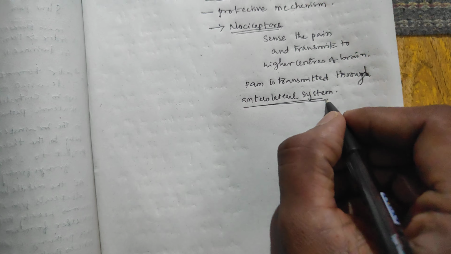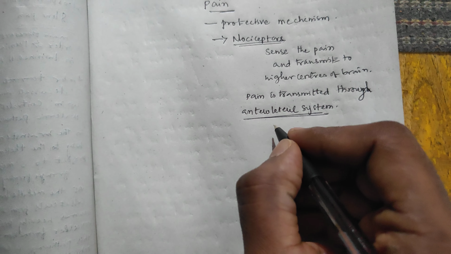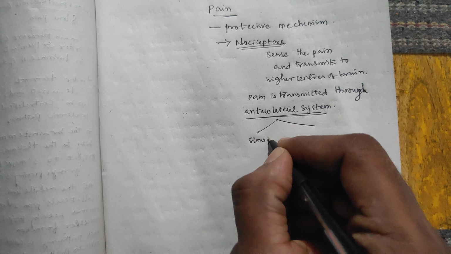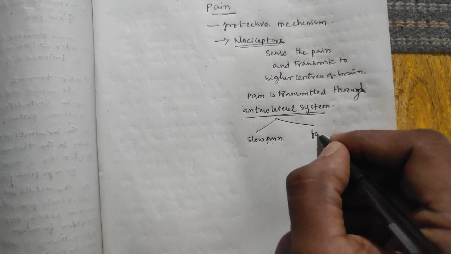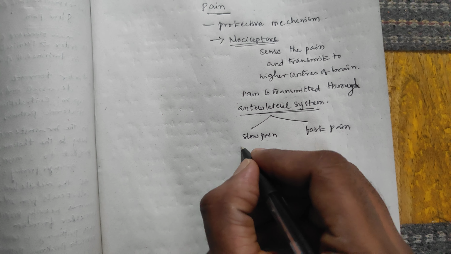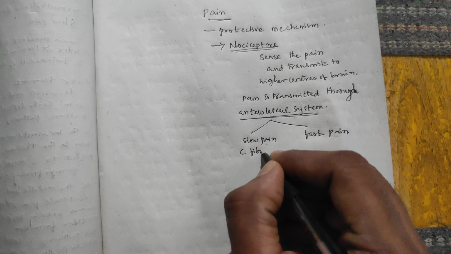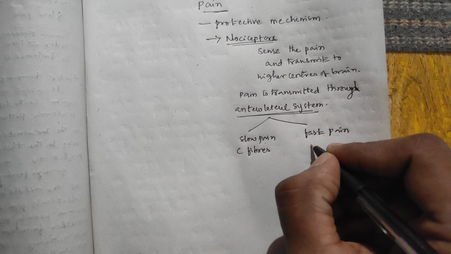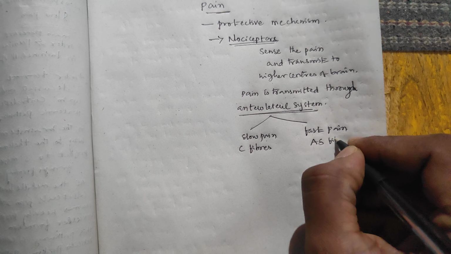So we know that there are two types of pain: slow pain and fast pain. Slow pain is transmitted by C fibers and fast pain is transmitted by A delta fibers.